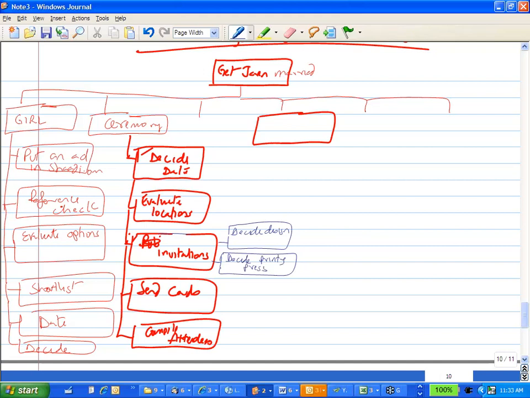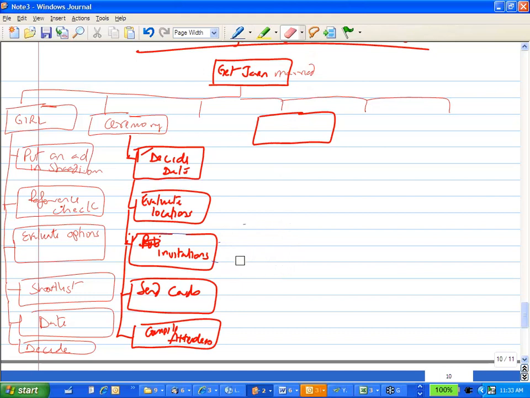Right? Then I can decide the paper, decide whatever, right? So yeah, you can keep going down and down until you realize this is the most basic task that I need to do, right? So don't feel constrained that you have to stop at 3. You can go down, right? But for this particular thing, so that doesn't spoil my layout, I'll just remove this.